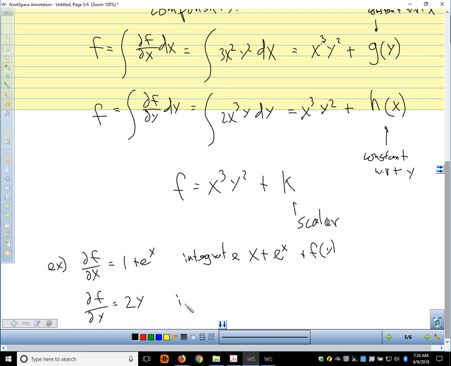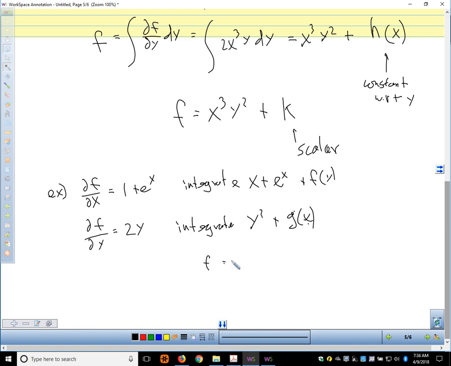And when I integrate this with respect to y, I get y squared plus some g of x. So here's my g of x here, here's my f of y there. So I have to put those two together. So f would be x plus e to the x plus y squared plus some scalar constant.